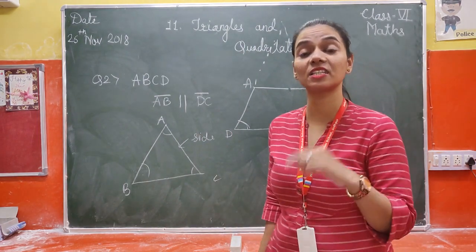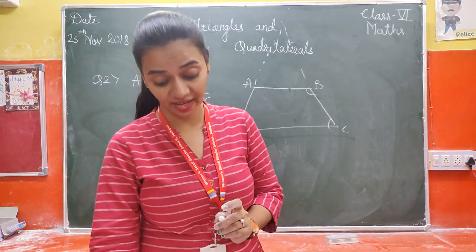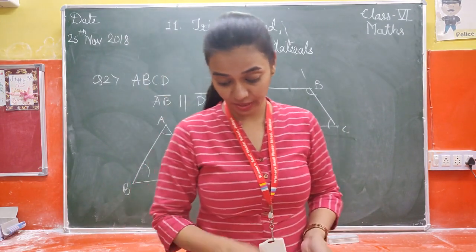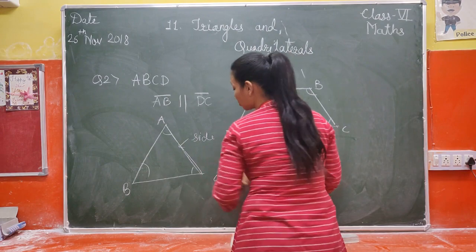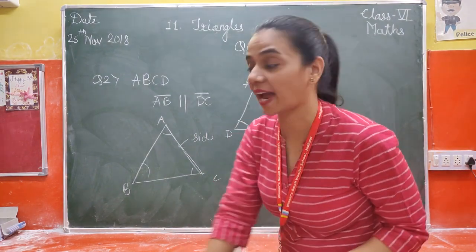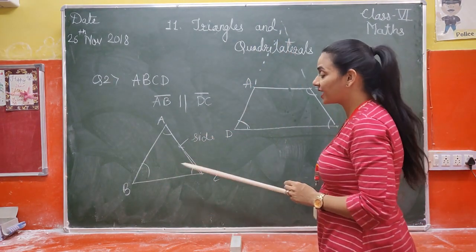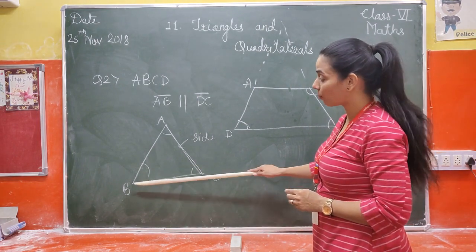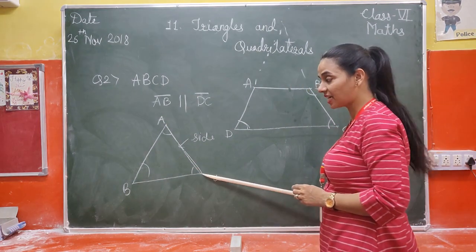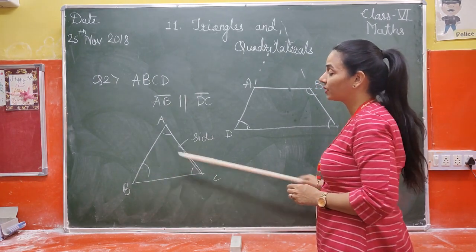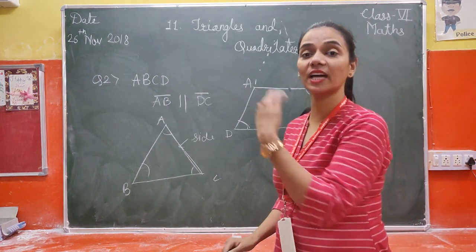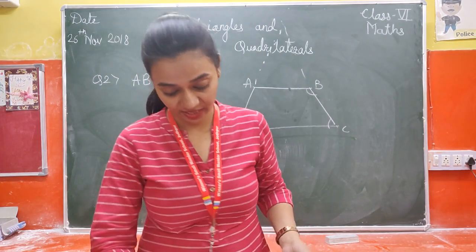And one more thing, the sum of all angles of a triangle is always 180 degrees. Okay? And this is a side and this is the opposite angle. So if I ask which is the opposite angle to side AC, it is B. And which is the opposite angle to side AB is C. Similarly, the angle opposite to side BC is A. Got it? So these are called opposite angles of the sides.